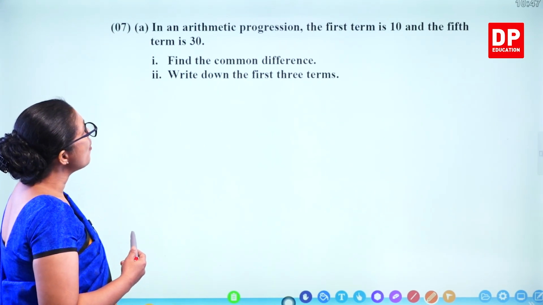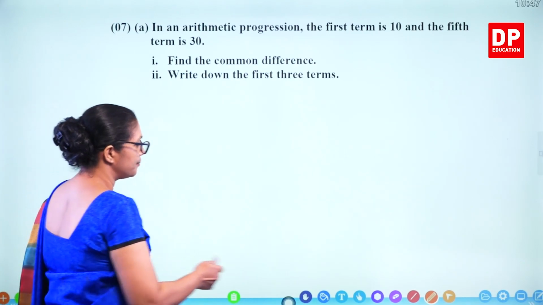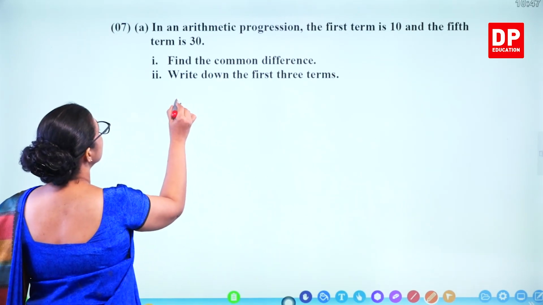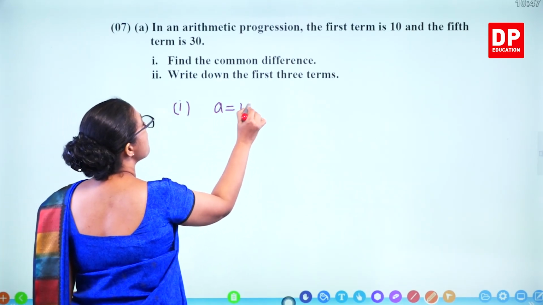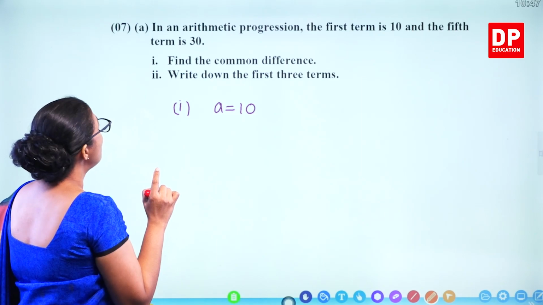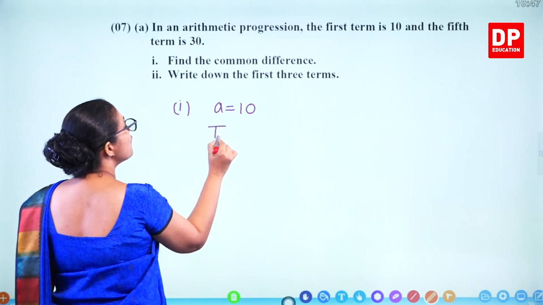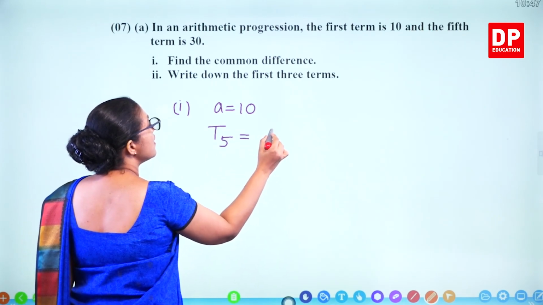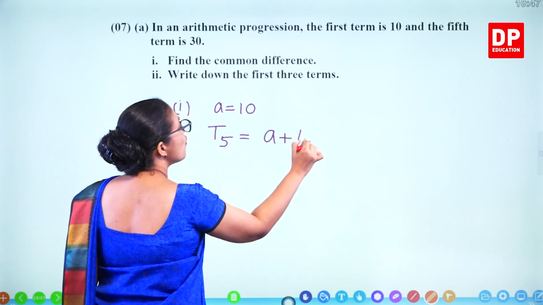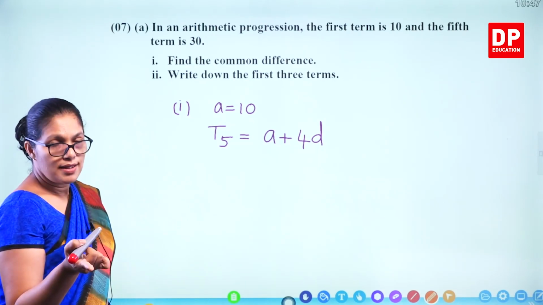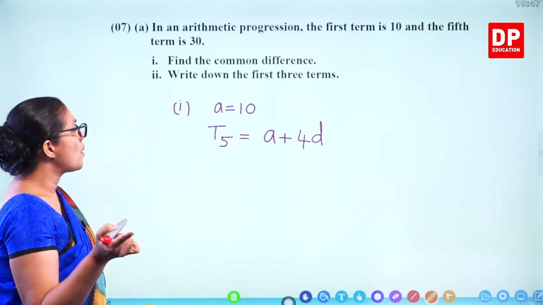In an arithmetic progression, the first term is 10. First term is given, A is 10. And the fifth term is 30. So this is arithmetic. So how do you write down the fifth term? T5, that's A plus 4D. 5 minus 1 is 4. So A plus (n minus 1)D.